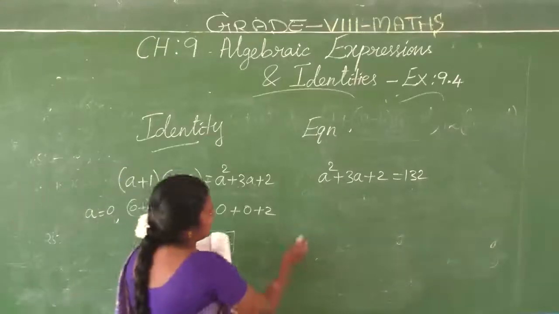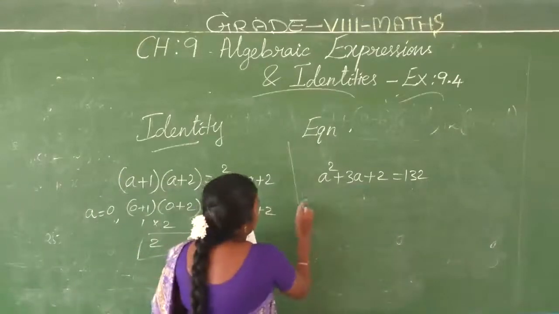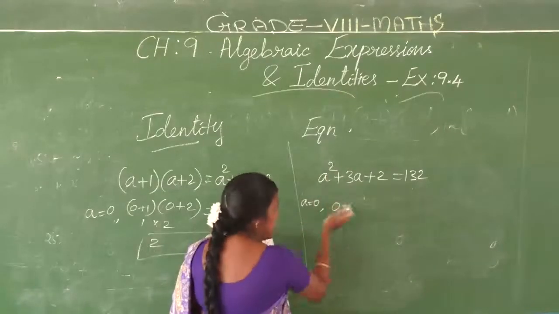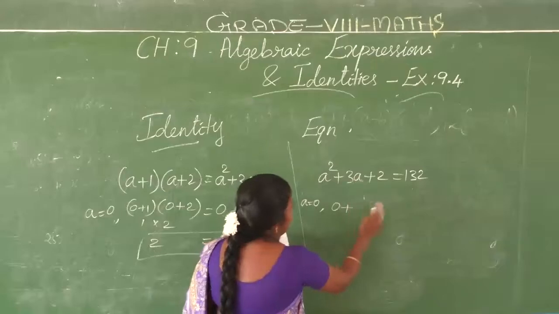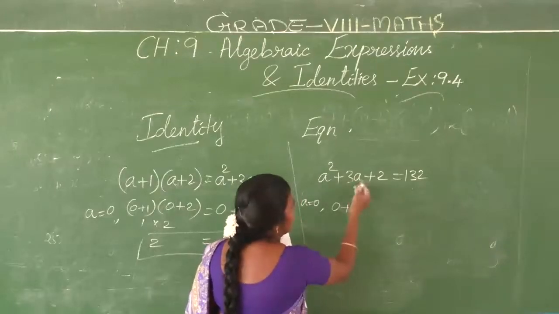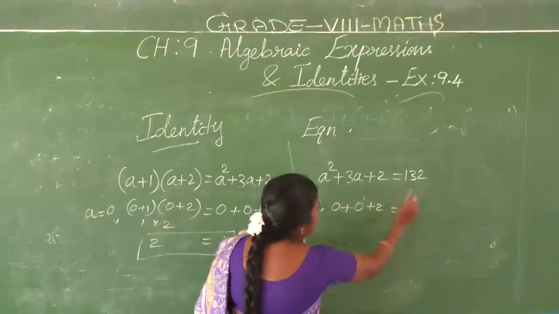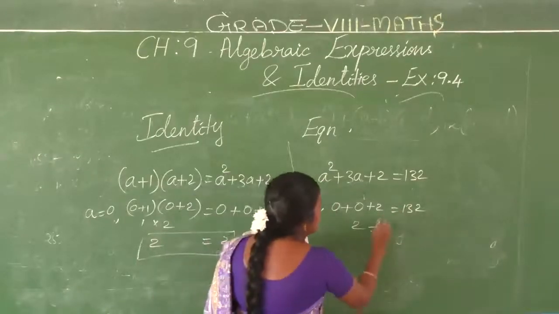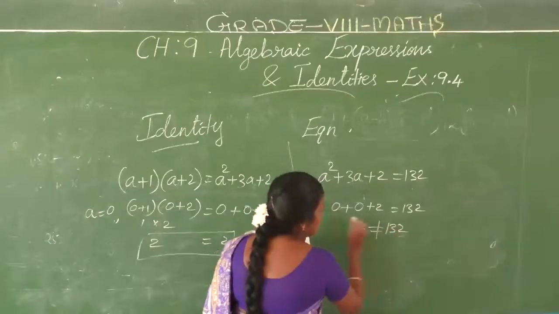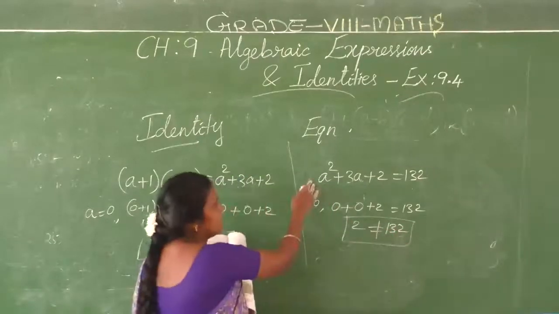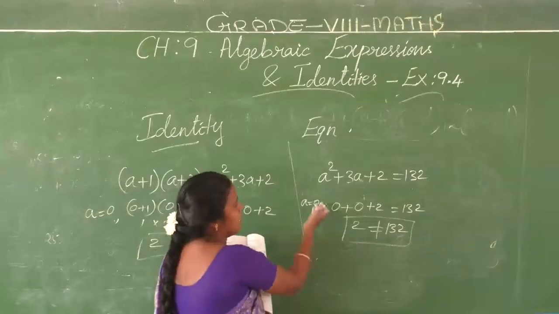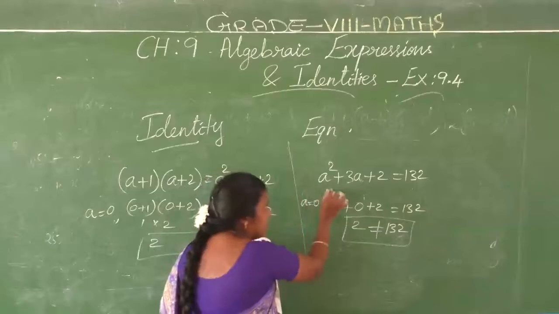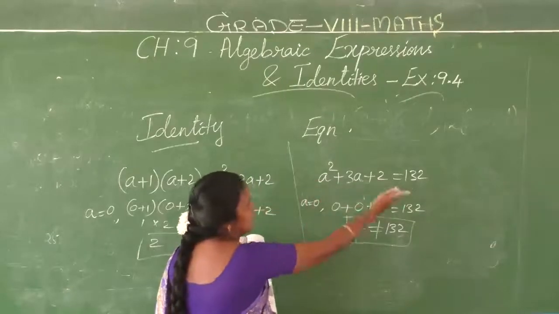Come to the equation here. With a value 0, what comes? 0 square, nothing but 0. 3 into 0, 0 only, plus 2. But the right hand side is 132. 2 is not equal to 132. Clear? So it will not show equality for all values. For certain values of the variable only it shows equality.